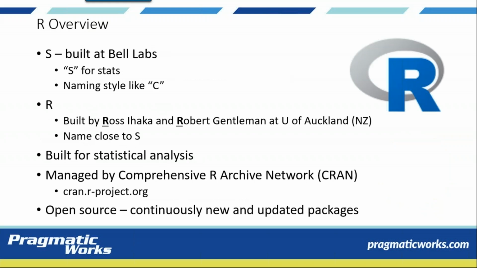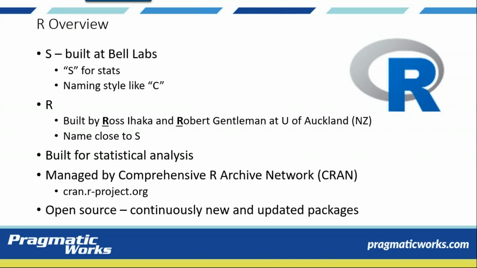A little bit about R. I thought that the story of its name was interesting. R, the language, was based on a language called S, and S was built by Bell Labs, and S was built for statistics.